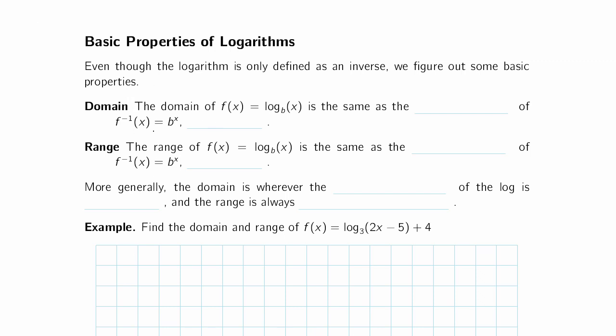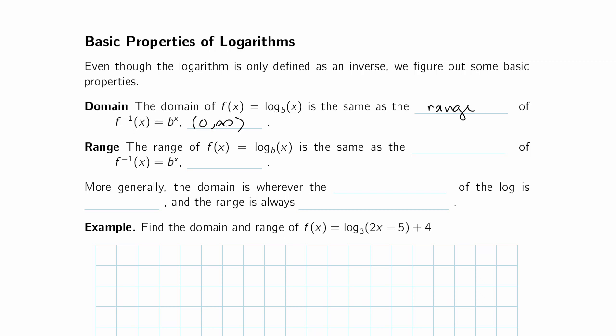In particular, because it's the inverse of an exponential, the domain of a log function is going to be the same as the range of an exponential function. Remember, the range of an exponential was all the positive numbers, so the domain of the log function is going to be all the positive numbers.